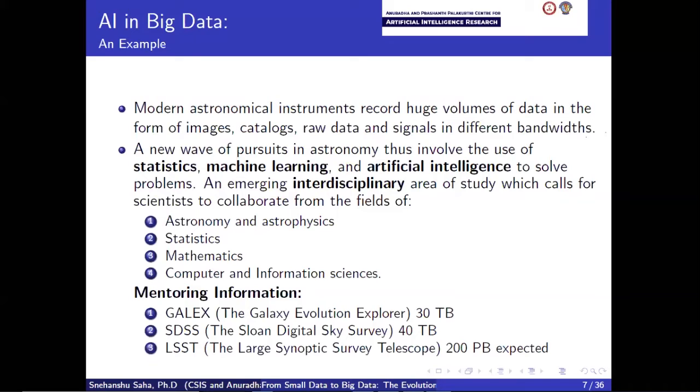They have done an amazing job in gathering data. One of the projects where NASA's mission failed in 2012 and the Chinese took over is the Galaxy Evolution Explorer. It currently stands at 30 terabytes of data, complemented by the Sloan Digital Sky Survey, which is about 40 TB, and the Large Synoptic Survey Telescope, which generates 200 petabytes of data.